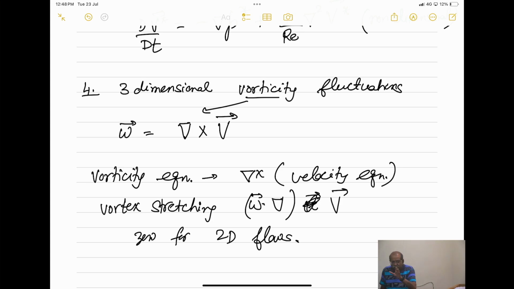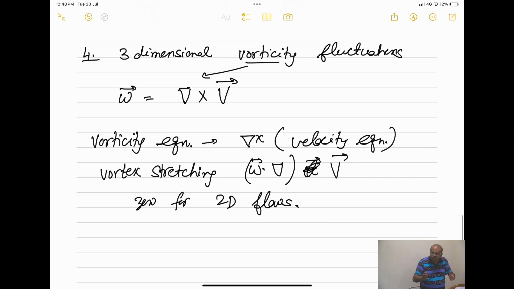If the flow has only two components of velocity, Vx and Vy, and functions only of x and y, then you can check omega dot grad V will be 0. This must have been shown in the course where you did it. If you are not comfortable, you can discuss it with me after class.